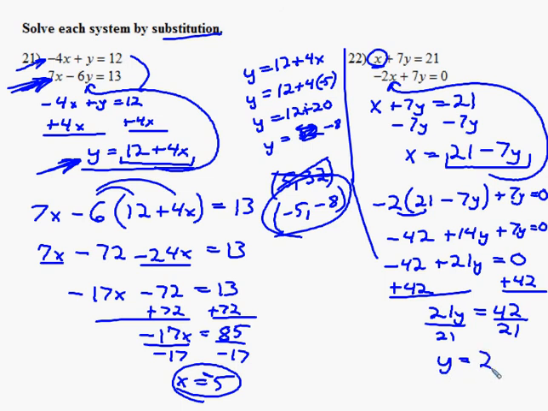Now once again, what we can do, we have that y equals 2. Sorry, I'm working a little bit backwards here. I'm going to come to the left. We're going to take our equation that we solved for, this one right here, and put y in.